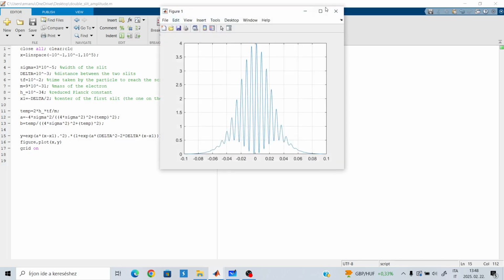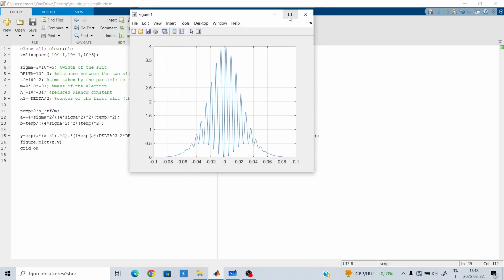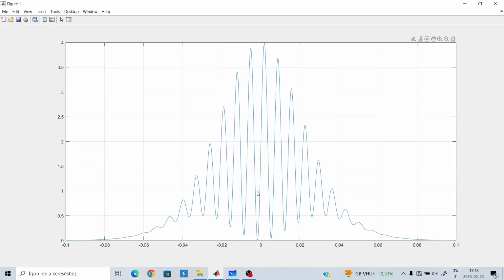If I run the script, this is what I get for the probability. We can see that there is some interference pattern because at some points you can see minima, which means that it is unlikely to find the particle there, whereas where you see the maxima, it is very likely to find the particle there.